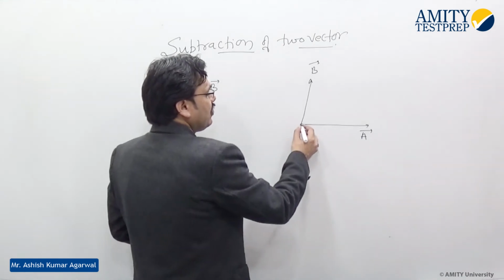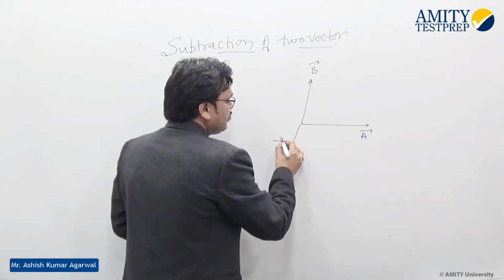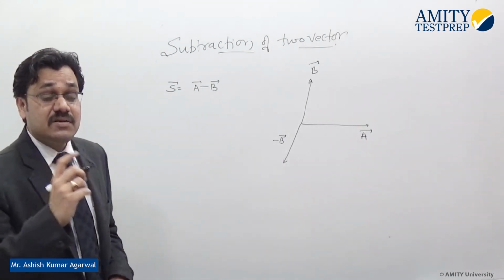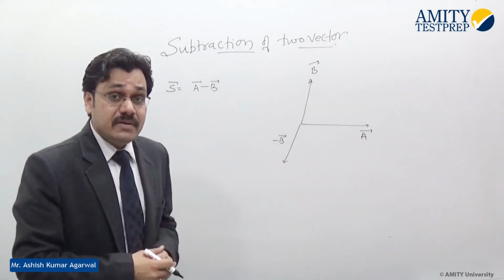So you have to place a vector equal in magnitude and reverse in direction to B.